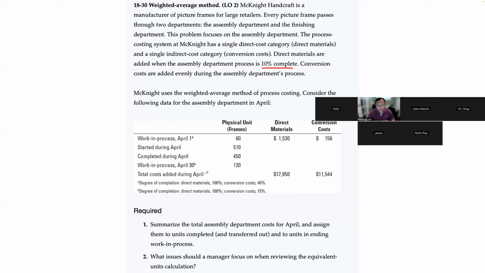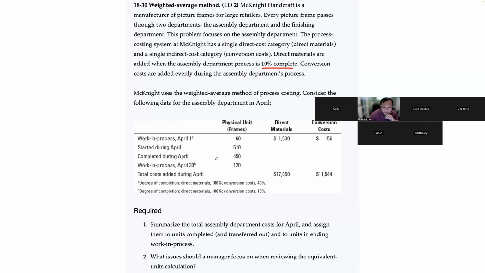For the physical units, in the beginning you have 60 unfinished. You start during April 510. So in total you have 570. You completed 450. Therefore, you have 120 left in ending work in process inventory.